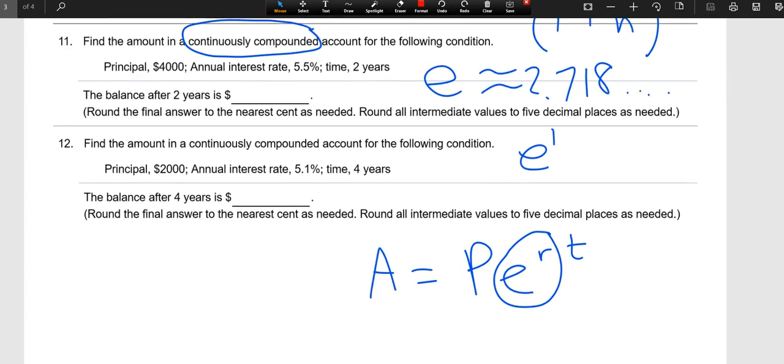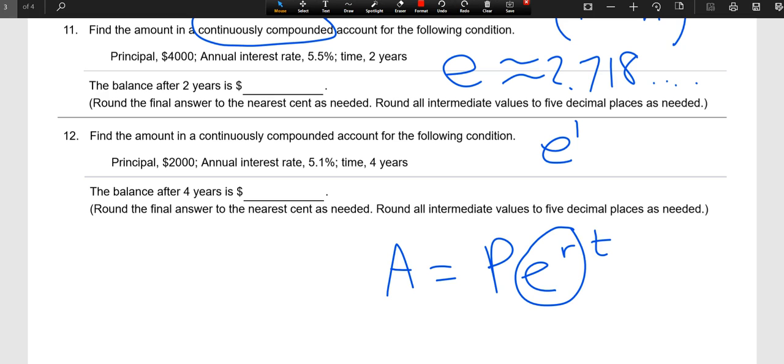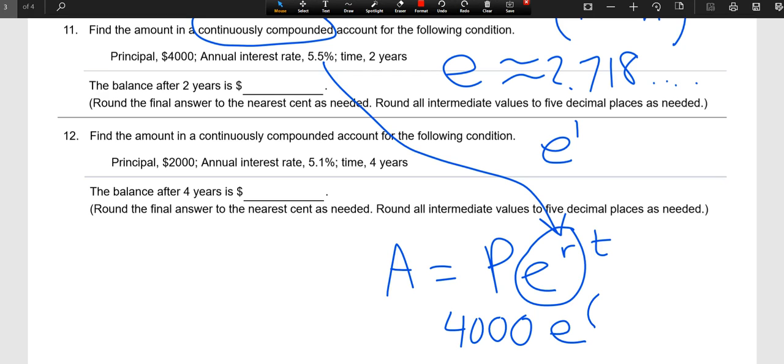So let me do number 11 with you. $4,000, that's how much we're starting with. The interest rate, 5.5%, so what am I going to put in there for R? What am I going to put in there for R? 0.055.